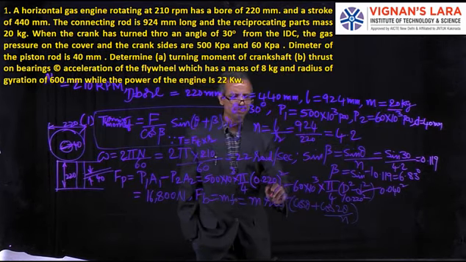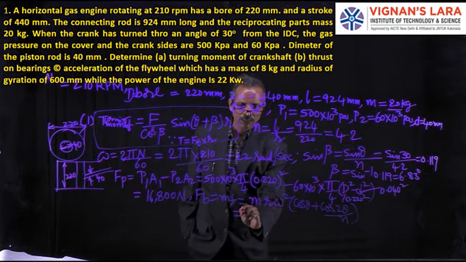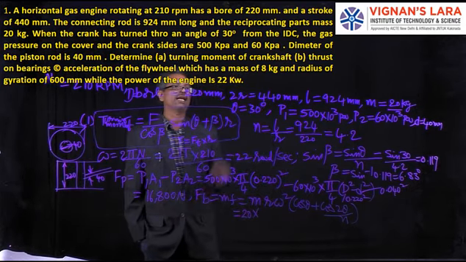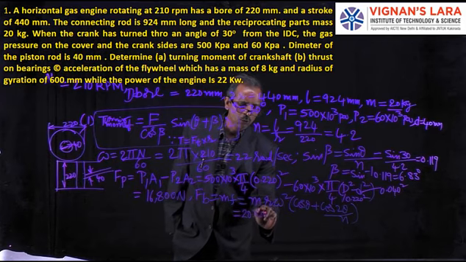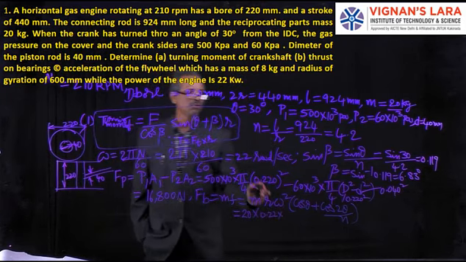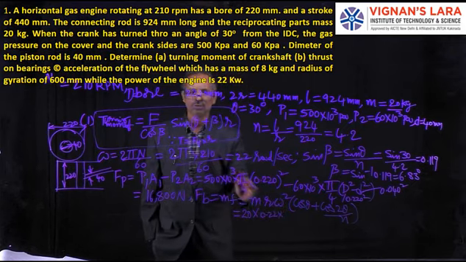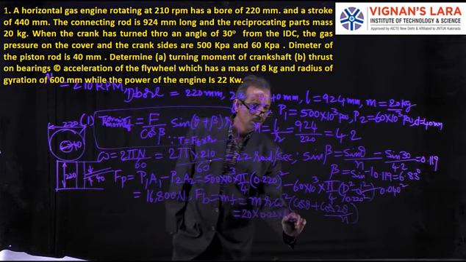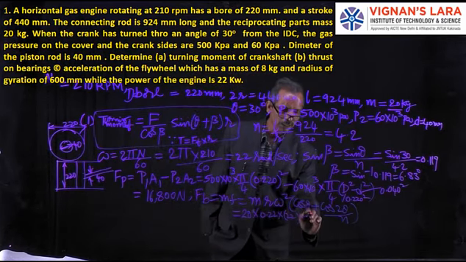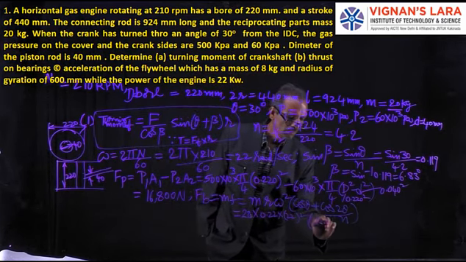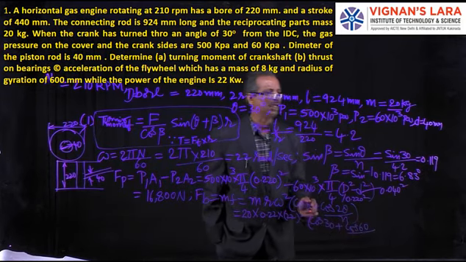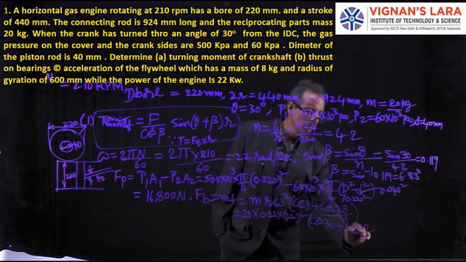Let me substitute this 20, radius of the crank 0.22, omega square, omega 22, into cos theta, theta is 30, plus cos 60 by N, 4.2.